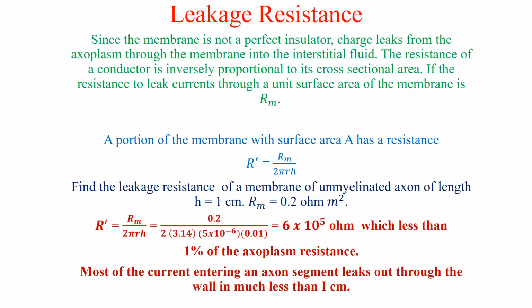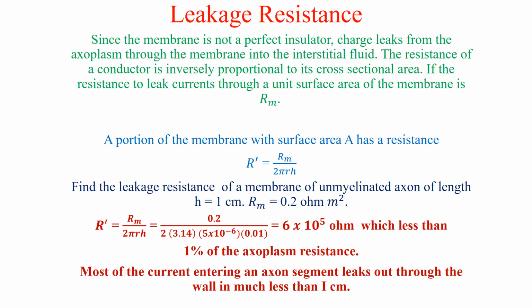Now find the leakage resistance of a membrane of an unmyelinated axon of length h equal 1 centimeter, where the resistance of a unit area of the membrane Rm is 0.2 ohm meter squared. So R prime equals Rm over 2 pi Rh.